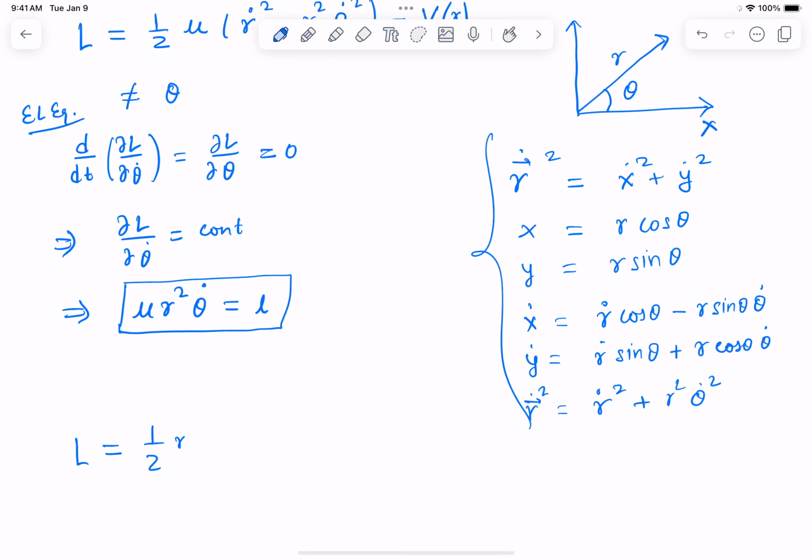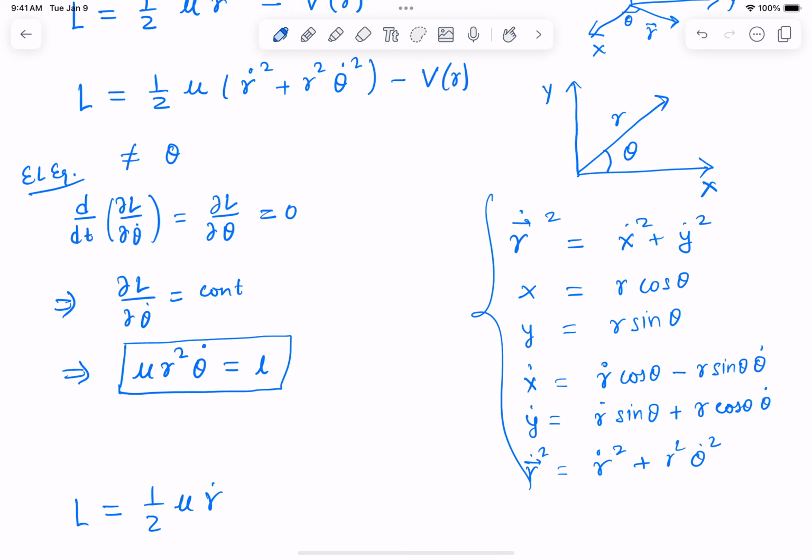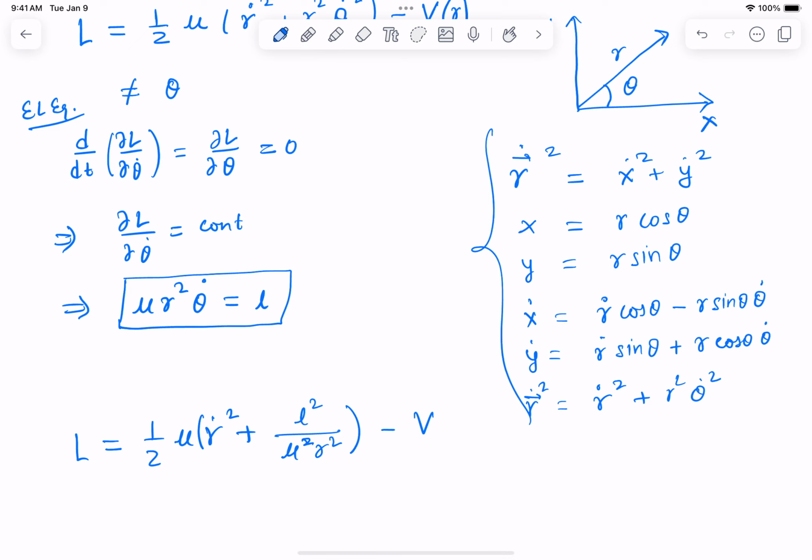So it will become half of mu r dot squared plus, in place of theta dot, I'm going to use L over mu r squared, which, if you do this correctly, will give us L squared over mu squared r squared, minus V of r.